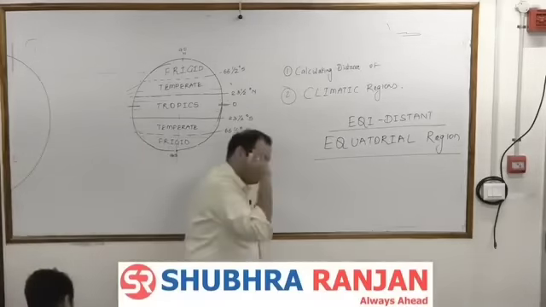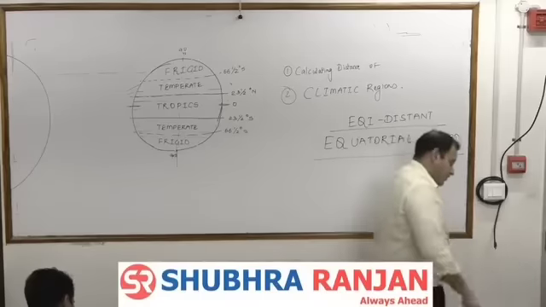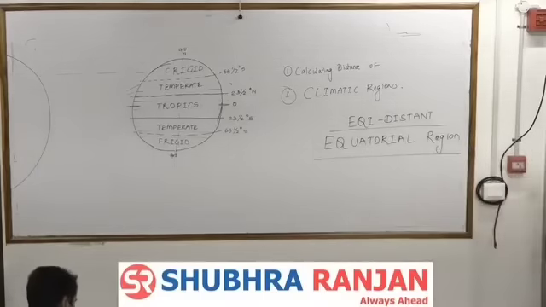Because this is the region of maximum northward and southward extent of the sun. The sun will never go beyond the Tropic of Cancer or beyond the Tropic of Capricorn.